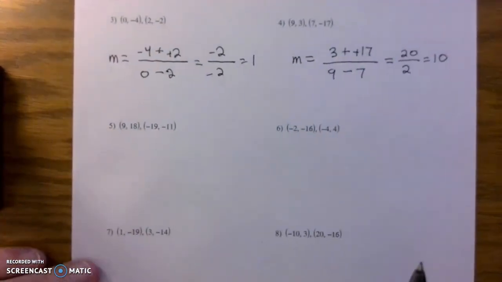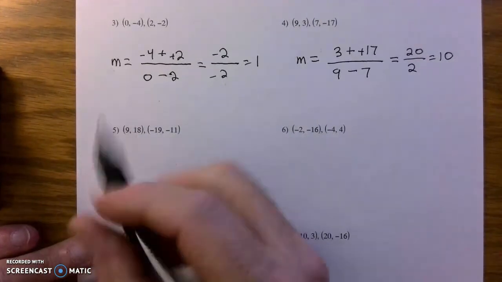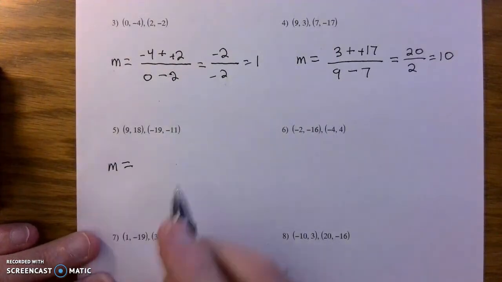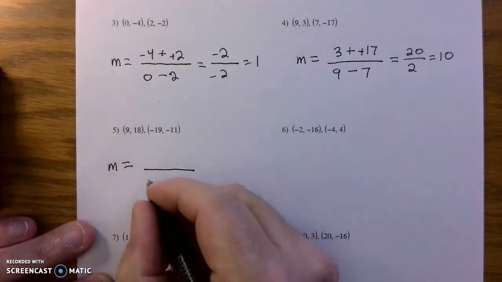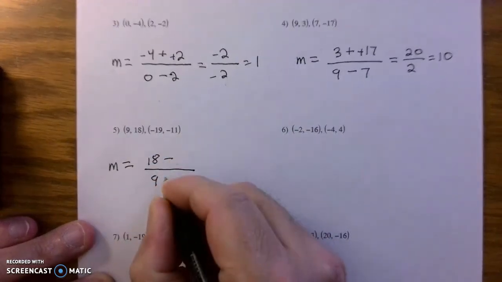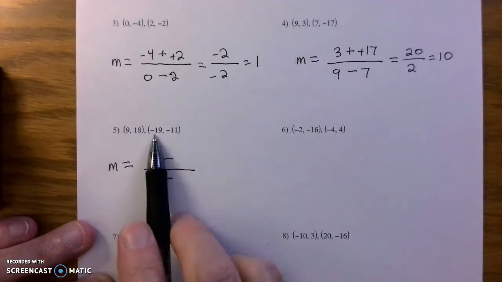All right, we're going to keep going. There's 8 problems. I'm going to do them all. This is number 5. Upside down. Just double check. I got the x on the bottom, y on the top. Yep, same thing here.